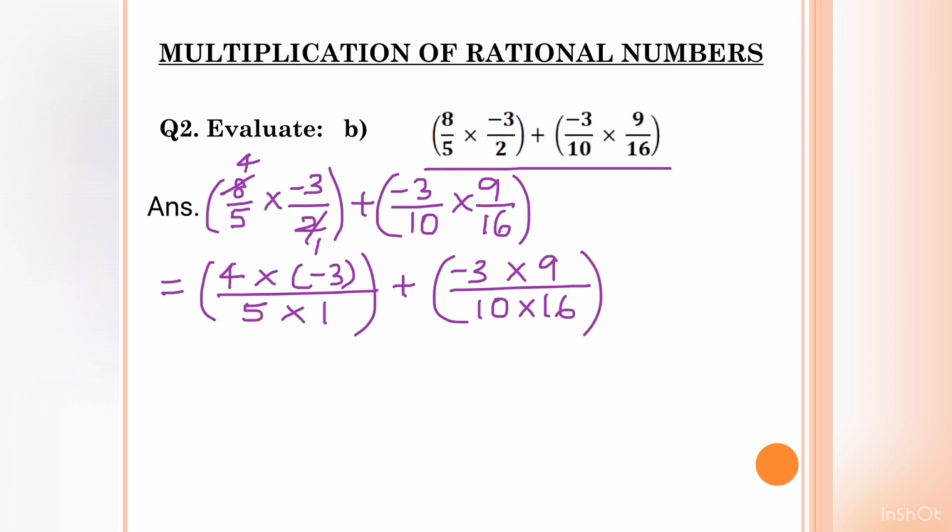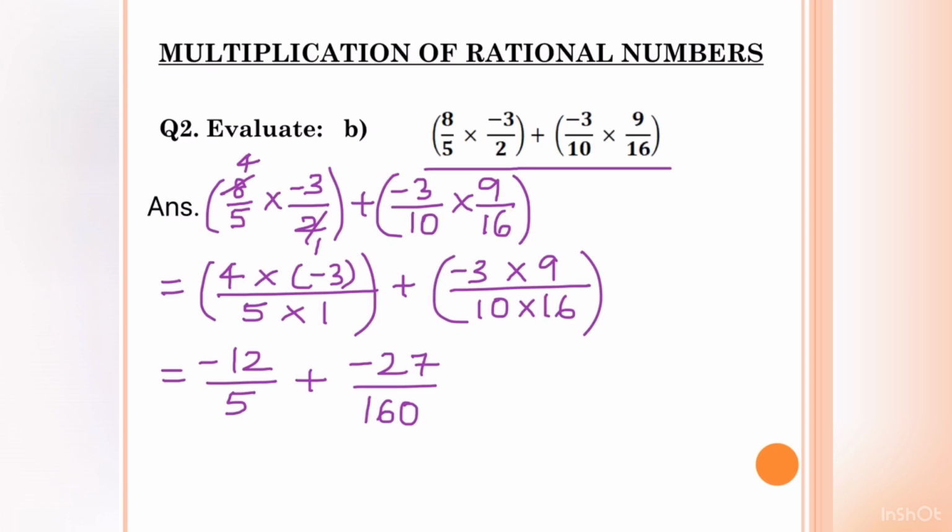Now this expression is equal to, 4 times minus 3 is minus 12, by 5 times 1 is 5, plus, in the second bracket, in the numerator we have minus 3 times 9, which is minus 27, by denominator we have 10 times 16, which is 160.